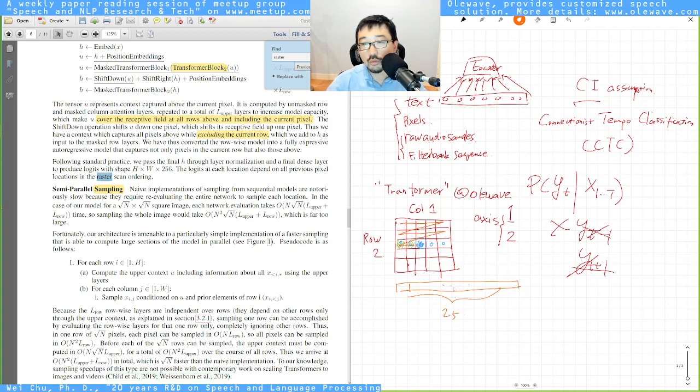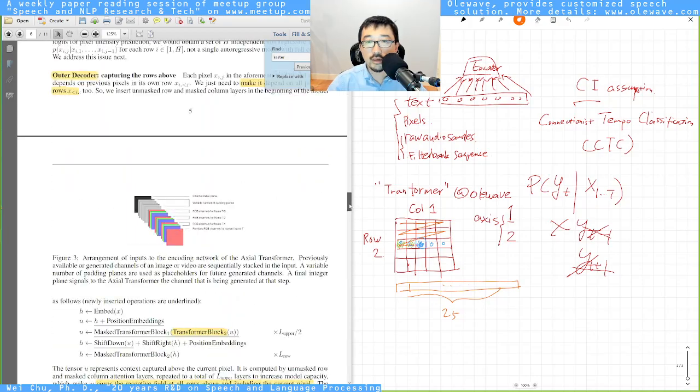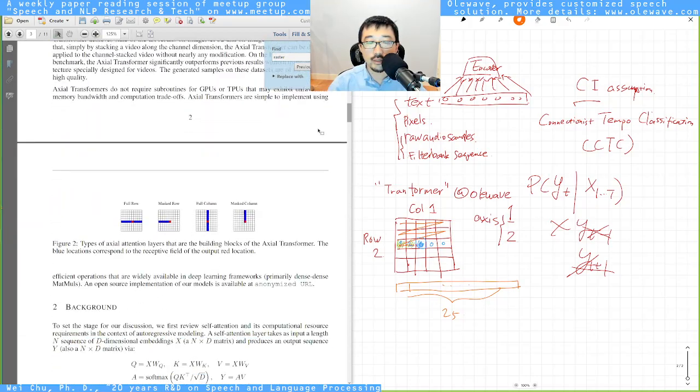You won't be able to know the other pixels until you reach them in the raster scan ordering. This is why, in the masked row and masked column, it always blocks the lower rows and the rows on the right. Hope that's clear to you.